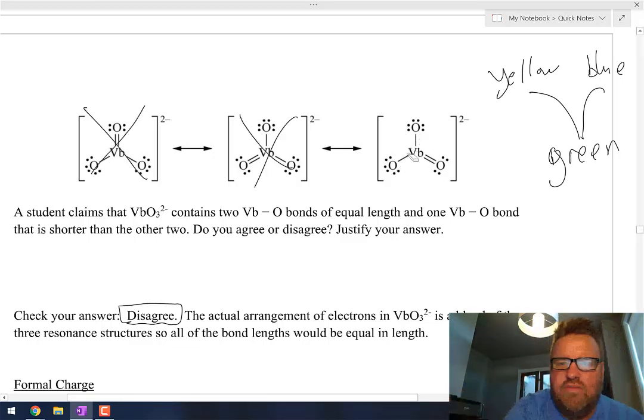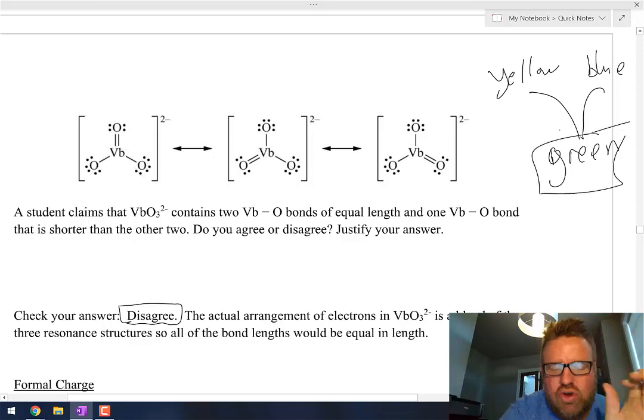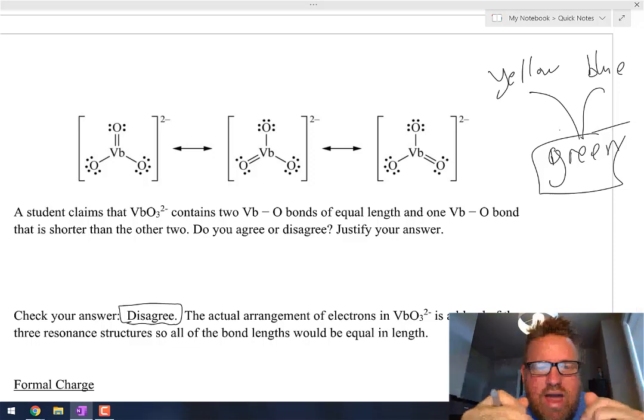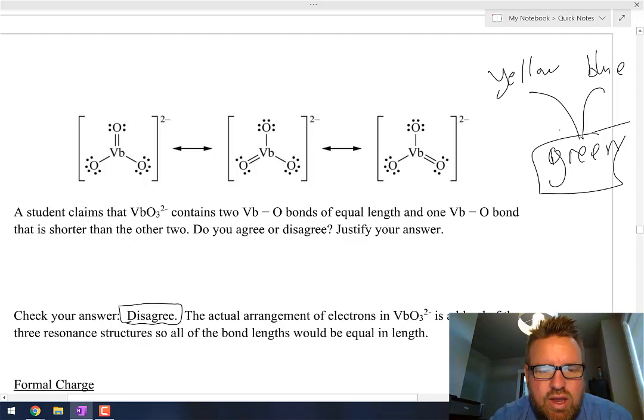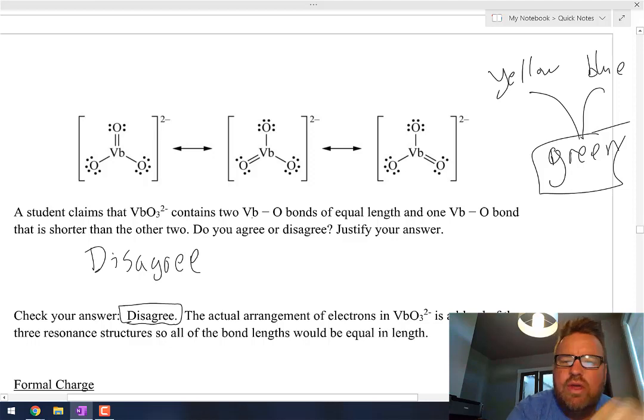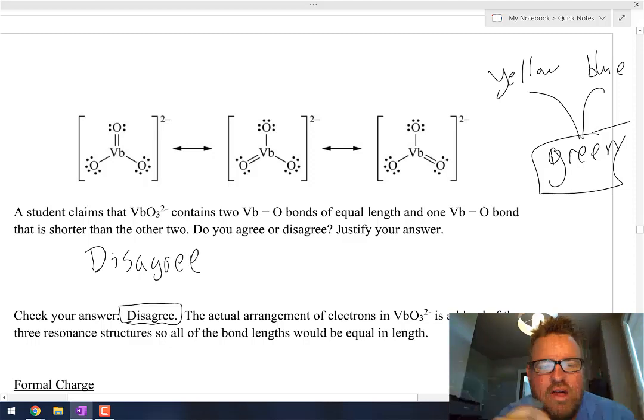It's all 3 of those put together to make the actual correct molecule, which again, with the tools we have, we do not have the ability to actually draw that molecule with the correct bonding as we can see it here when we're drawing Lewis electron dot diagrams. Okay? So absolutely, yes, disagree with that answer because, again, the real molecule is a mixture or a blend of all 3 of those.